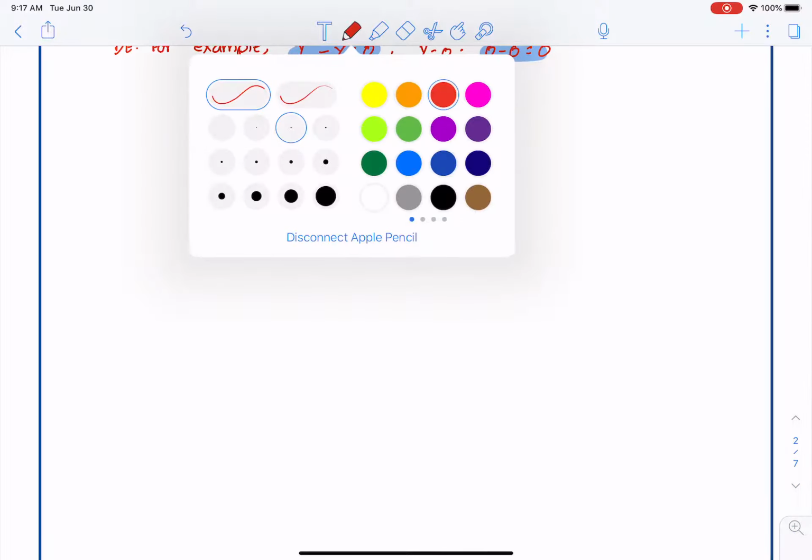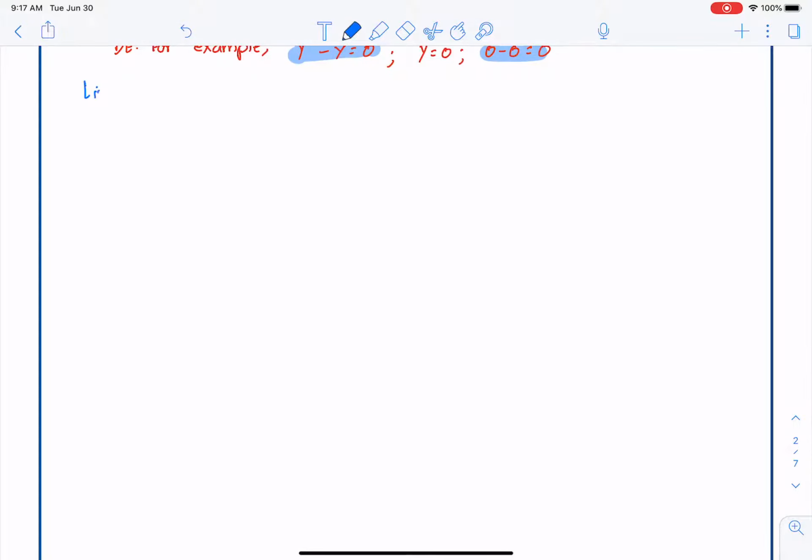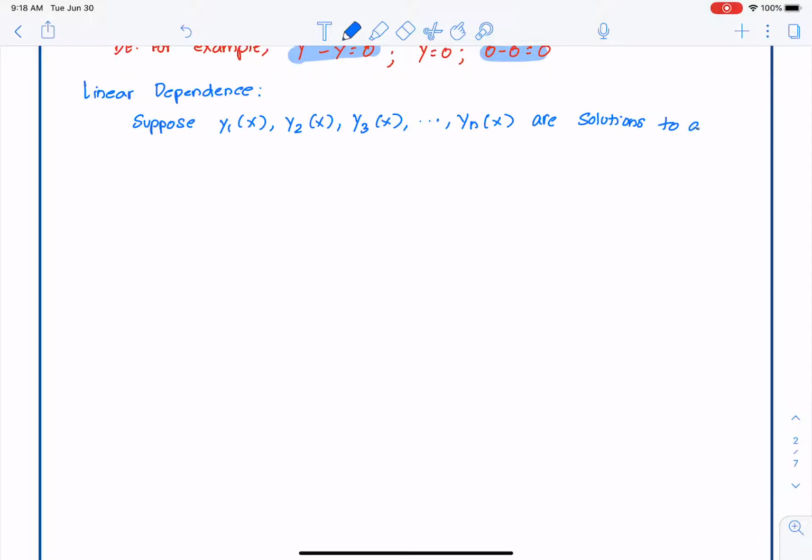And a concept that we have to keep in mind is called linear dependence. Suppose y1 of x, y2 of x, y3 of x, all the way up to yn of x are solutions to a DE.